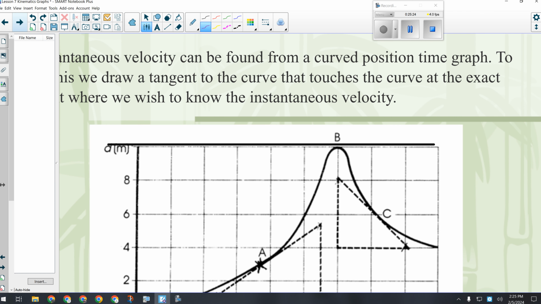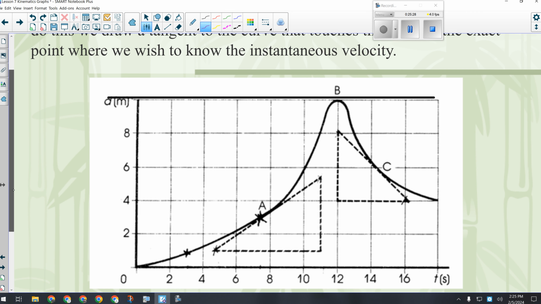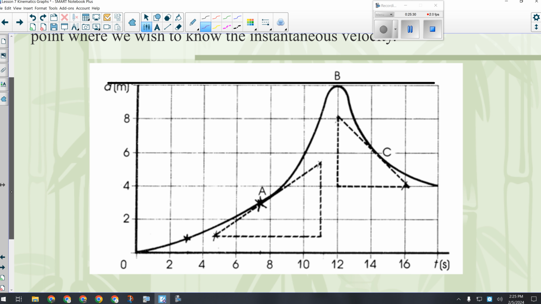Okay, now, this is another position versus time graph. But what is this object doing? What's it doing from, let's say, here to there?